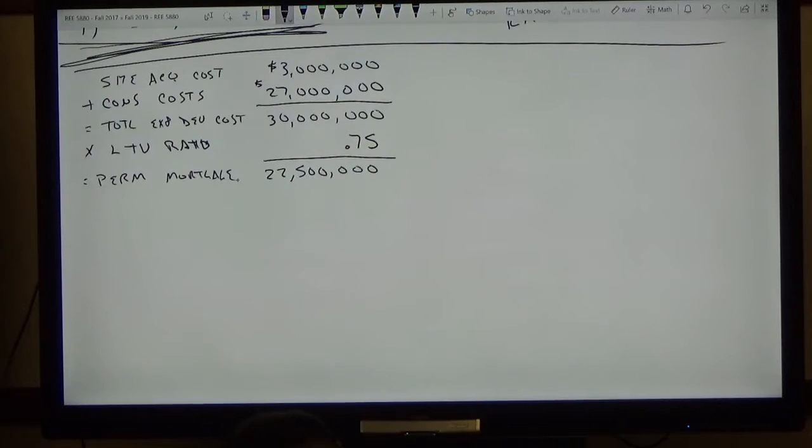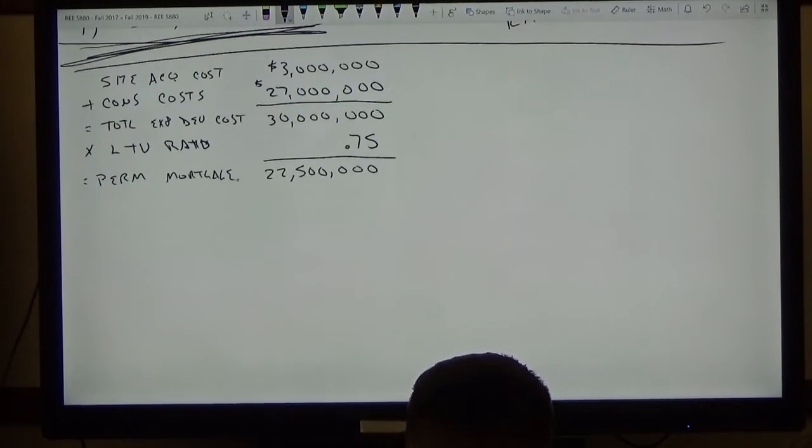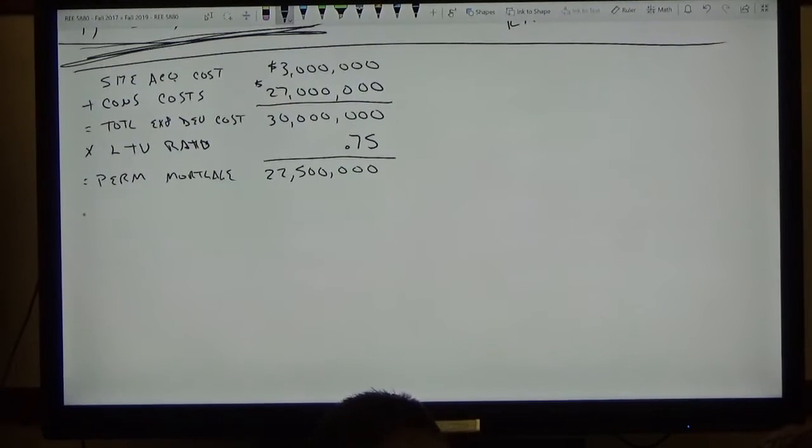Okay, everybody good with that? Okay, any questions up to this point? Okay, pretty straightforward. All right, now, this next piece is probably the only tricky piece on the whole sheet, in terms of getting the mortgage constant. So let's go ahead and put in what we've got here, mortgage constant.